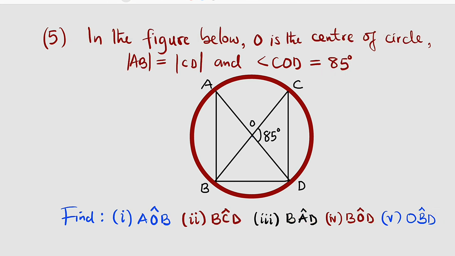The first angle is angle AOB. Let us locate it. AOB. So we are referring to this angle right here, and you should observe that this angle and this angle are opposite to each other. So therefore, they must be equal to each other. As I work, I label, so let me label this one as 85.